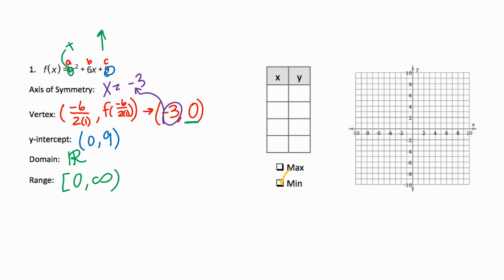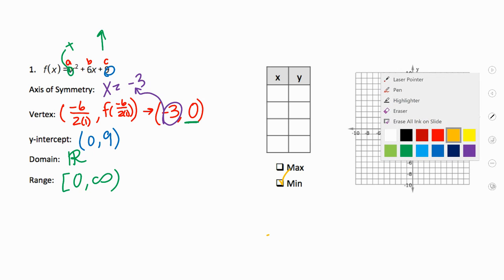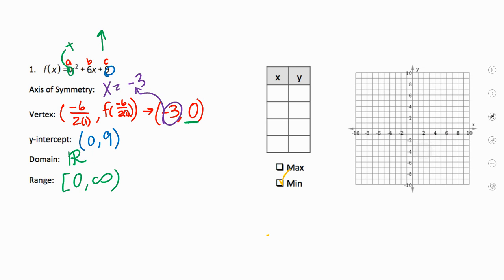And on this graph, we can plot some points randomly. We know negative 3, 0 is our vertex, and 0, 9. These are just random points selected.